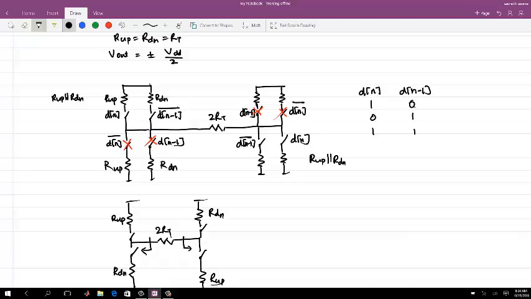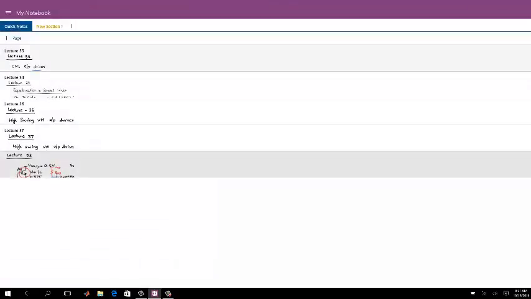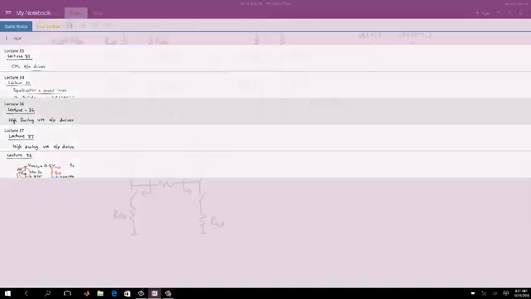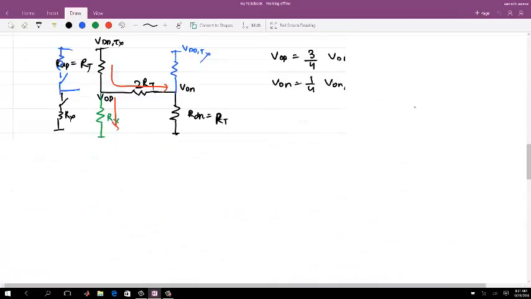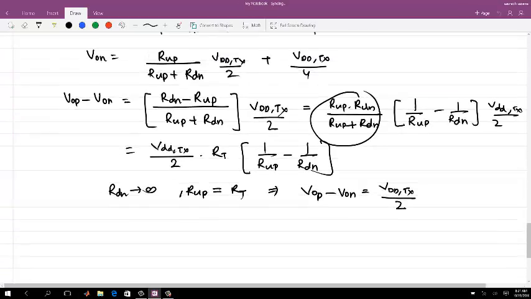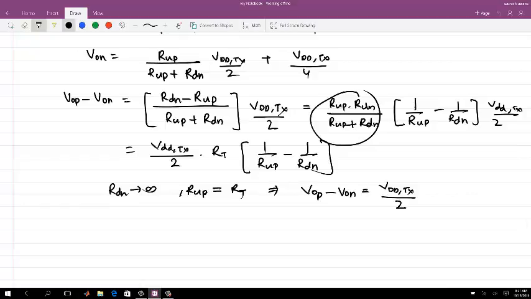So the case which we have seen, I think the last time when we worked out, we found the current consumption. So you have seen previously that the voltage output swing VOP minus VON is given by 1 by R up minus 1 by R down, right?